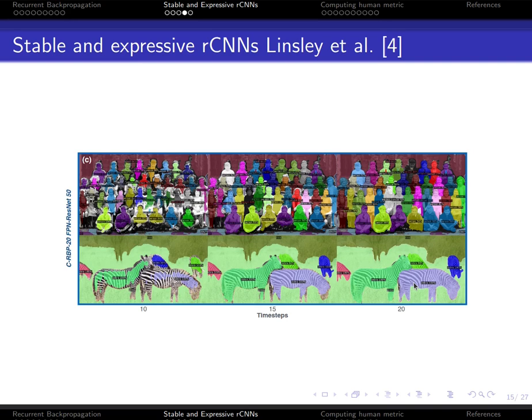They further show how the dynamics of their model work. In the first few iterations, it starts by segmenting the middle parts of the objects. So for instance here, where there truly is a zebra, it starts by segmenting the middle part of the zebra and then propagates its belief to the outer parts. The same happens for the picture of the kids right here.